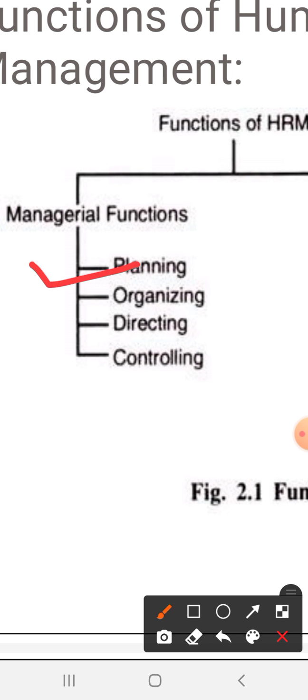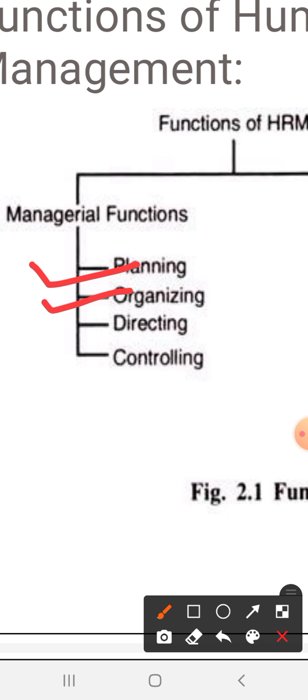Then we have the second one, organizing. Once we are done with drawing a blueprint of what we should do, that is planning, the second talks about organizing. Organizing is where we are collecting the resources so that we are able to achieve what we have set as per the plan.